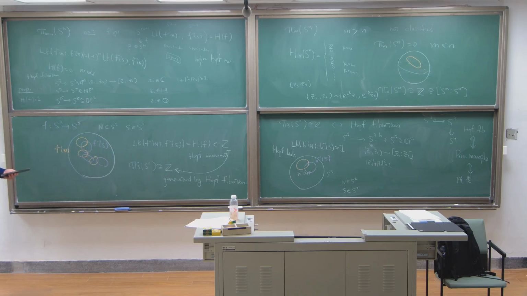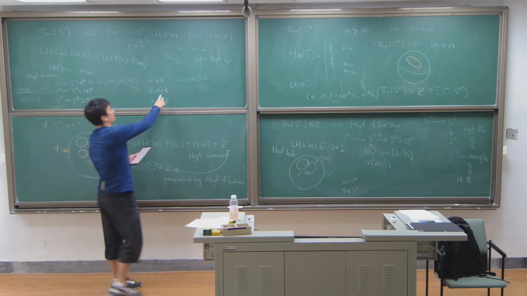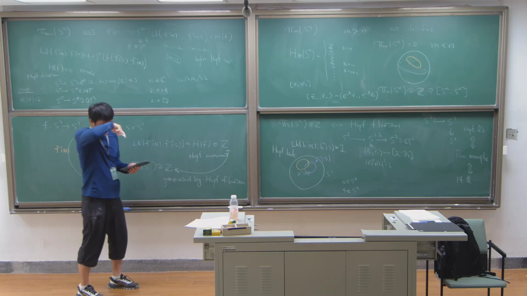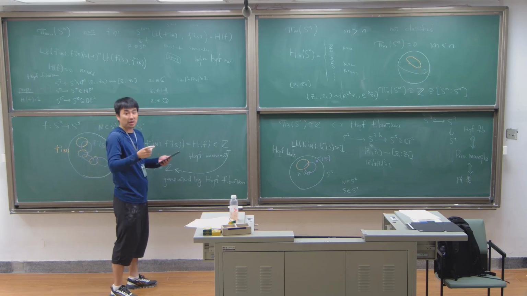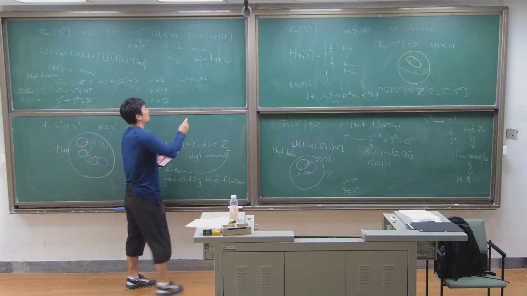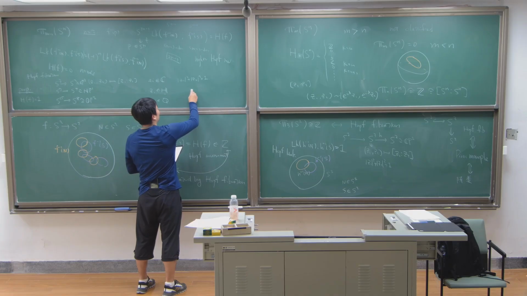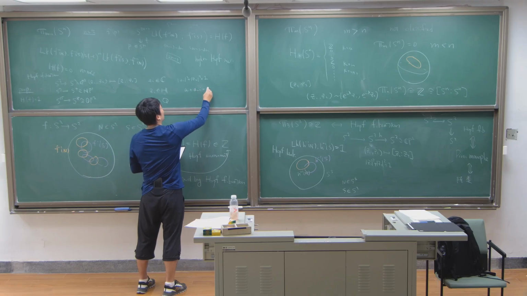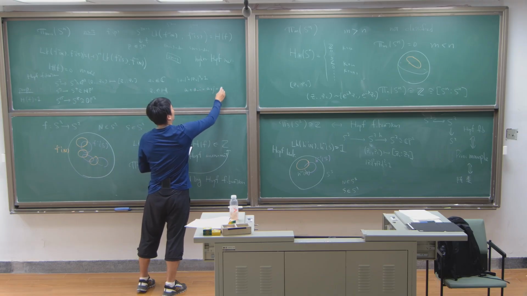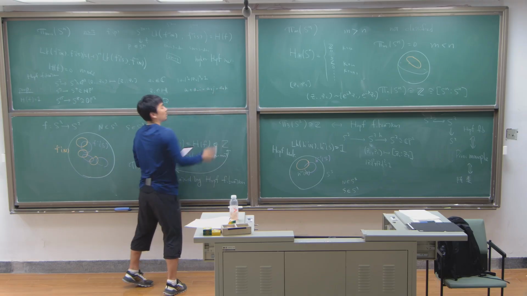Okay. H is the quaternion. You know quaternion, right? A1 plus A2 i plus A3 j plus A4 k, like this one.